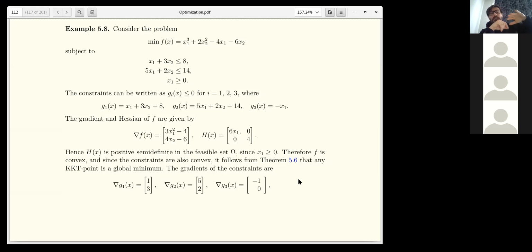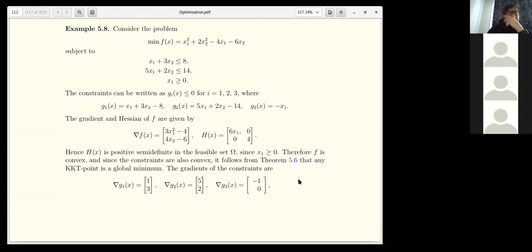It can be non-convex somewhere else, but when we're dealing with the region where we are actually looking at these points, in that set, it's convex. That's where it matters. In this case, the Hessian is a diagonal matrix with 6x1 and 4 on the diagonal, both being non-negative at least. So it's positive semi-definite, which means this function is convex in the feasible region.